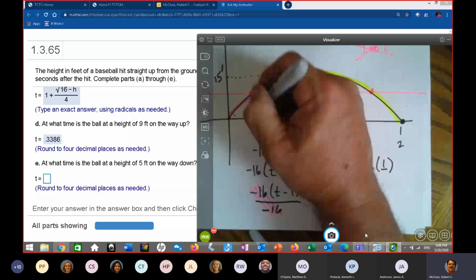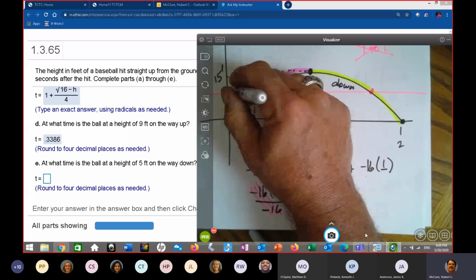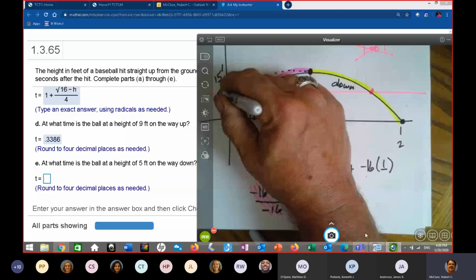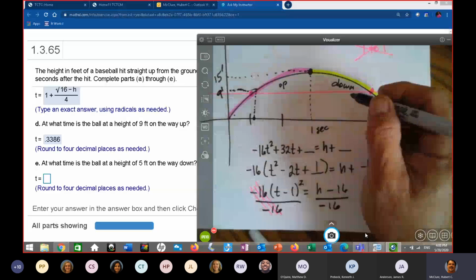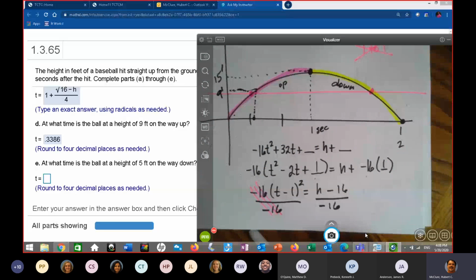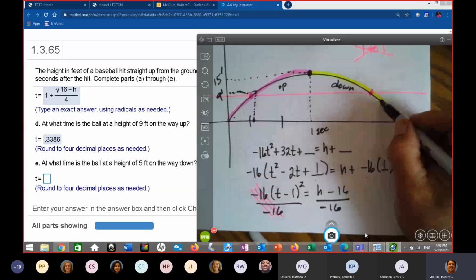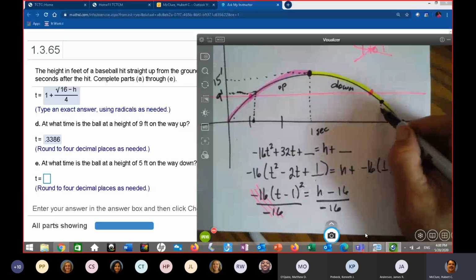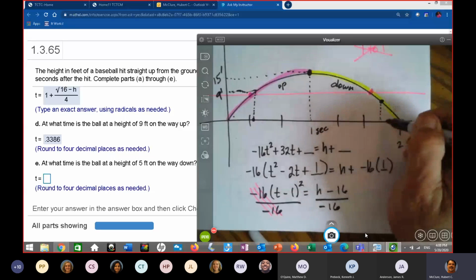Well, this is 9 feet, right about there. So 5 feet would be around in here. So 1, 2. So I'd say it's going to be like 1.5 or 1.6. No, it'd be 1.366. You know, 1.85 or something, maybe. I don't know.